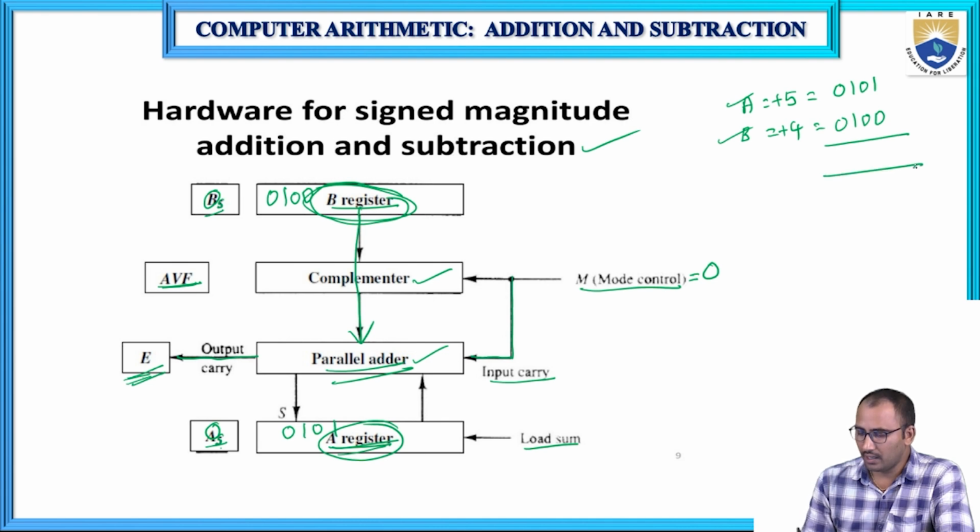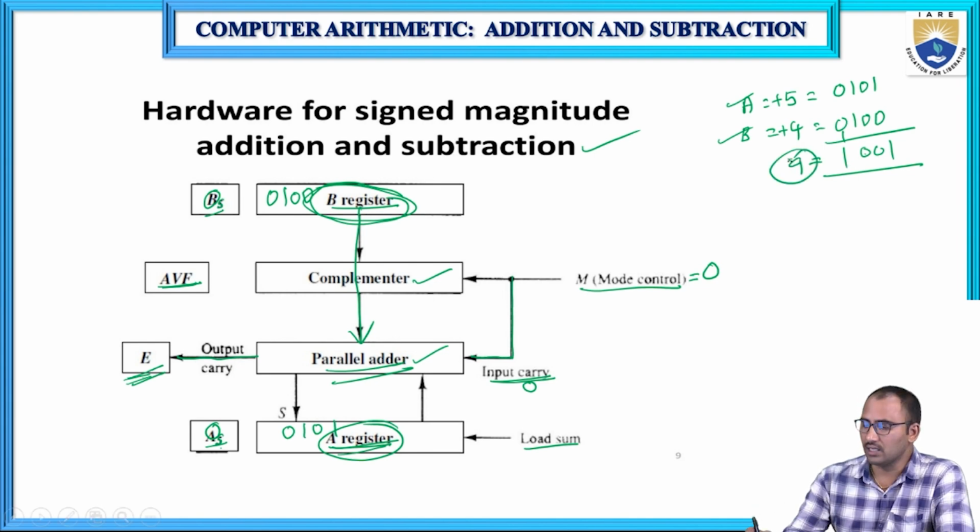So after adding, what will be there? The input carry is 0. Adding 0101 plus 0100 in the parallel adder, you will get 1001, which is 9.